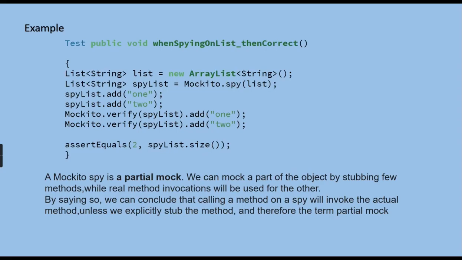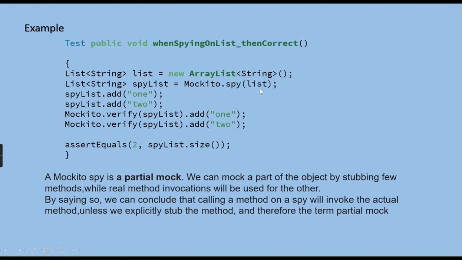Here you can take the example we have taken: public void test, with the @Test annotation, and one small list. We take List and ArrayList, the list is a string type, and we have defined one more list, the spy list, also a string type. Here we are doing Mockito.spy and passing this list object.